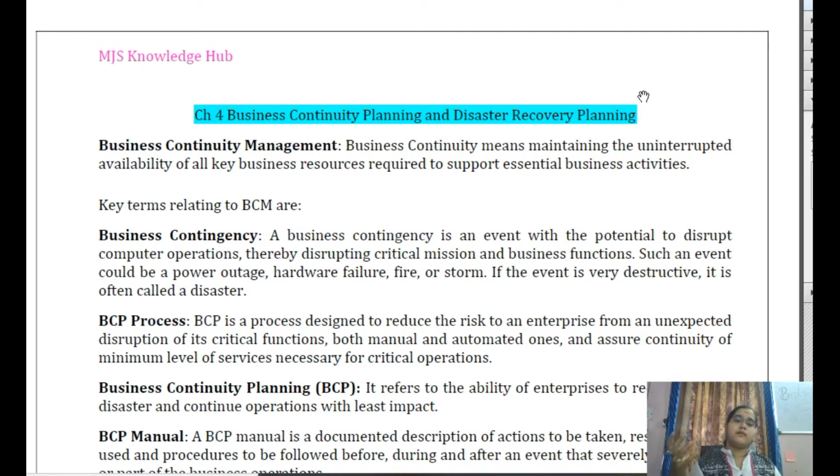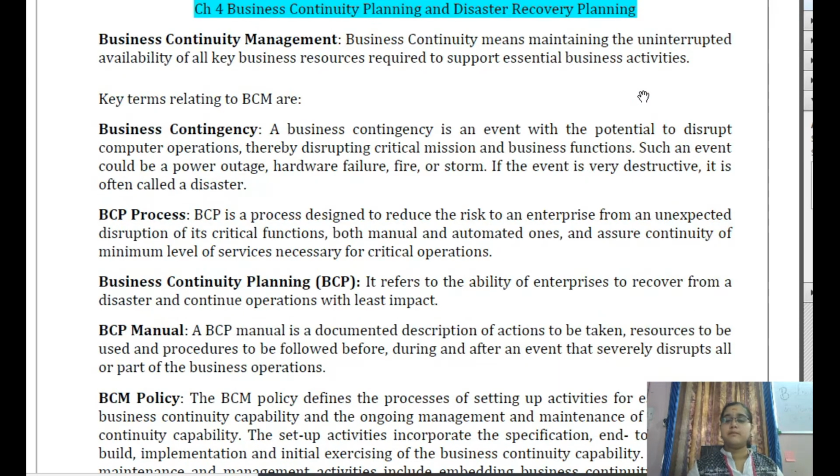Then once the policy is in place, we'll start planning. We'll take different steps and measures to develop that business continuity plan. So business continuity planning refers to the ability of the enterprise to recover from disaster and continue the operations. This chapter is completely revolving around the disruption which may occur, how the organization will cope with it, and how it will develop different kinds of plans so that it can meet contingencies in future.